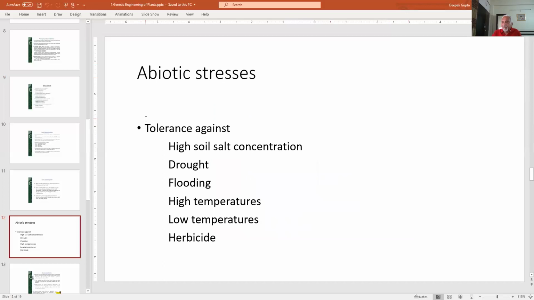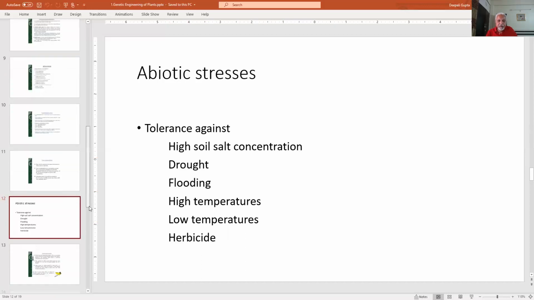So we have reports where genetic engineering has been successfully utilized for generating transgenic plants that tolerate high salt concentrations, which can withstand high drought or flooding and high and low temperatures, and also herbicide. We will be talking about these success stories as we go along in future lectures.